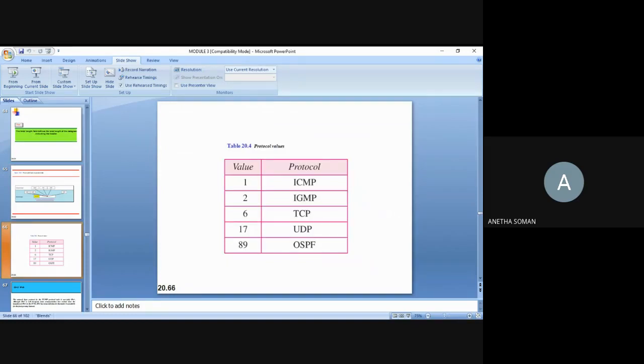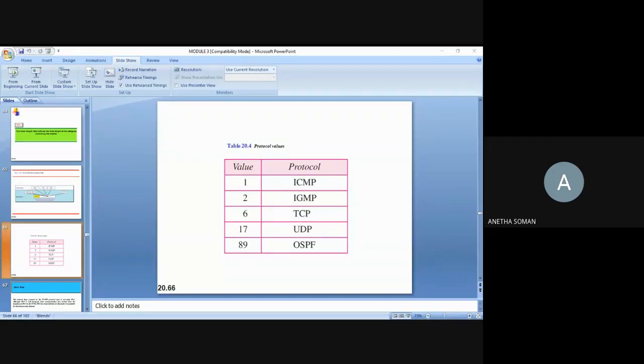If the value is 6, the data portion will be passed to TCP. If it is 17, the data part will be passed to UDP. So the protocol field defines the higher level protocol that uses the services of this IPv4. That is regarding the protocol field.